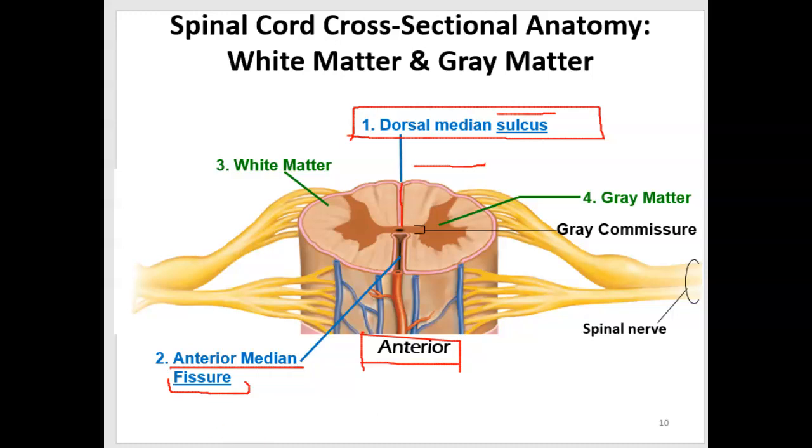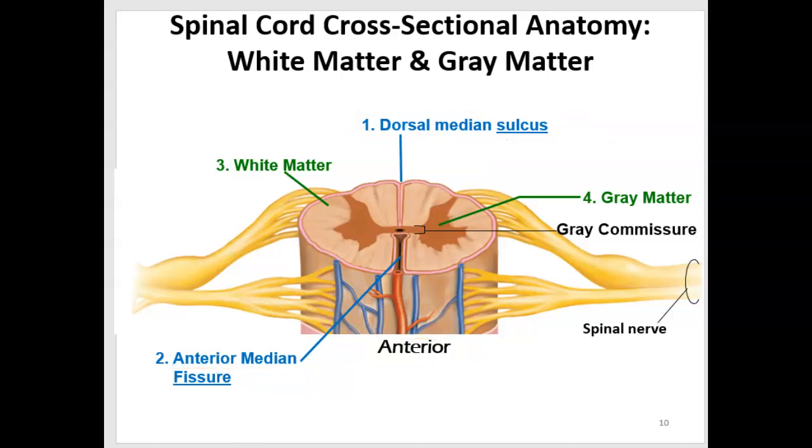There's a couple of other ways that you can tell what's dorsal and what's ventral, or if you prefer, posterior versus anterior. And that's by the shape of the gray matter. The gray matter on the posterior side extends all the way to the edge, to the pia mater. But that is not true anteriorly.